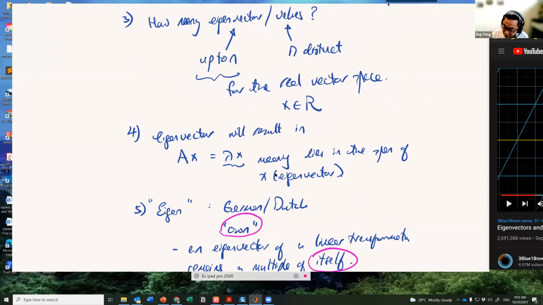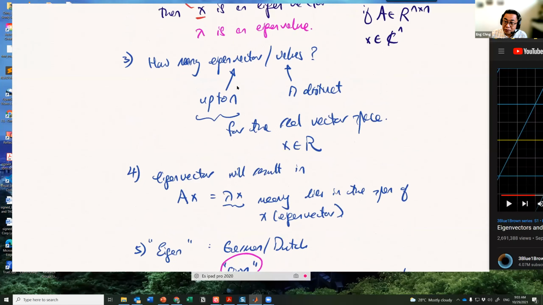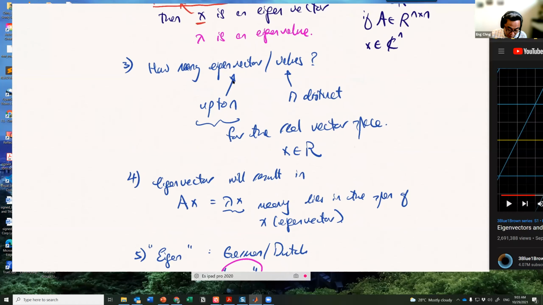Now, some books will tell you that when you ask how many eigenvectors and eigenvalues there are, they would have to ask you whether you are discussing the problem in the real space or in the complex space.